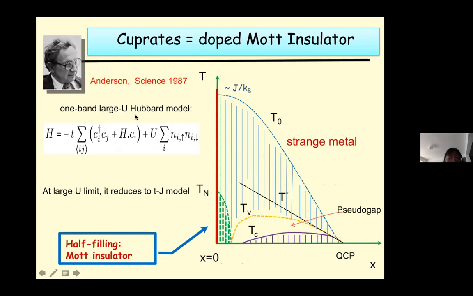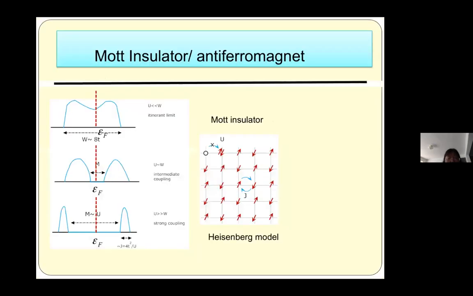A good model, the simplest model which can capture the doped Mott physics, is the one-band Hubbard model. It's not realistic, but it can be a good starting point to discuss if superconductivity can emerge from a purely repulsive model.